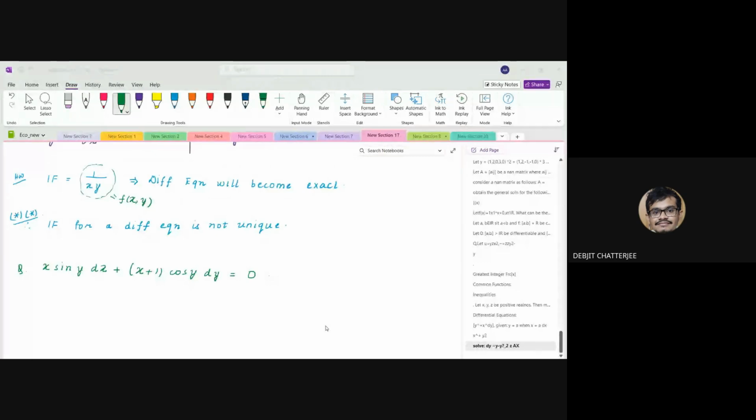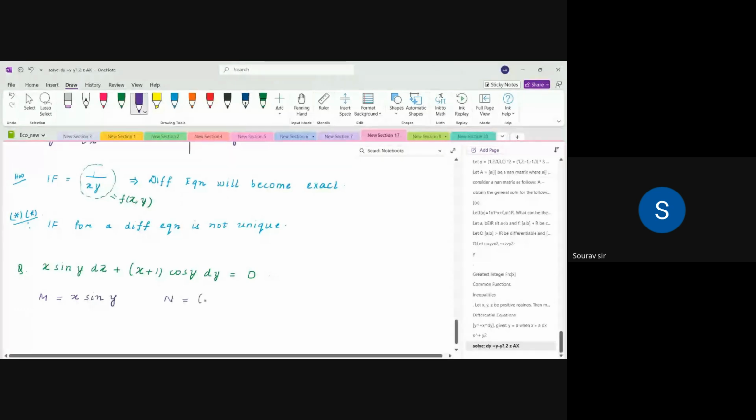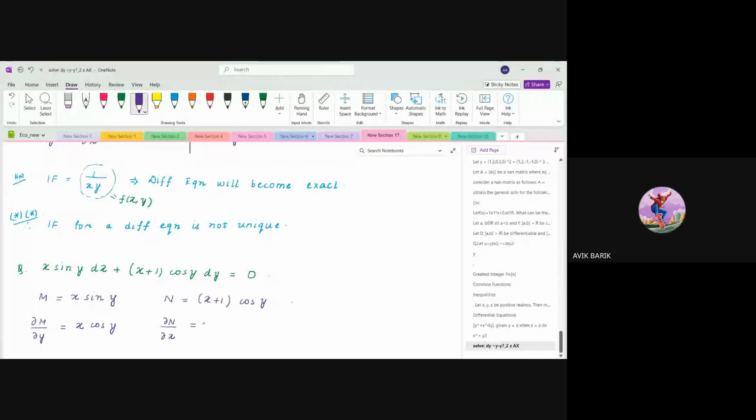Exact. Okay. So over here, what is your M? x into sin y. And your N is (x plus 1) into cos y. So del M by del y will be x into the derivative of sin, which is cos, and del N by del x will be cos y, treating it as a constant.